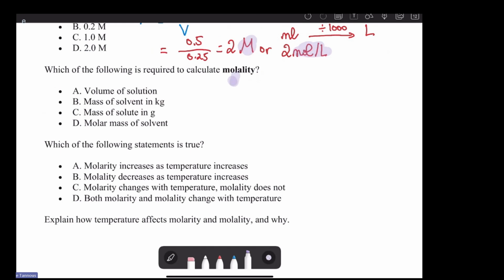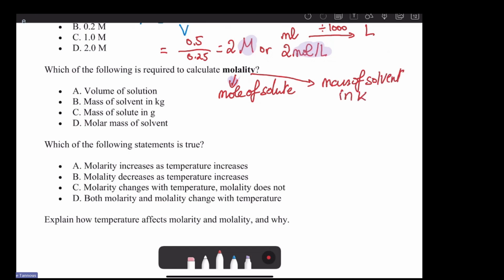If I want to calculate the molality, I need the mole of solute and I need the mass of solvent in kilogram. So volume of solution is needed for molarity. Mass of solute, I need to convert it to mole. Molar mass of the solvent not needed. Mass of the solvent in kilogram.